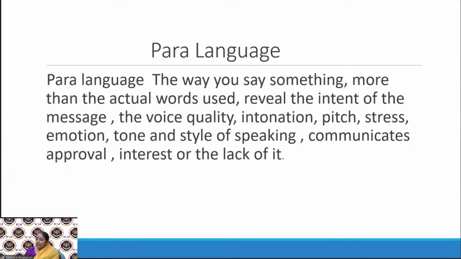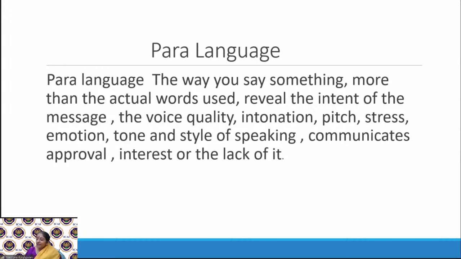Okay, let me repeat. The way you say something more than the actual words used reveals the intent of the message, the voice quality, intonation, pitch, stress, emotion, tone, and style of speaking, communicates approval, interest, or the lack of it. Now let's look at the expression oh.